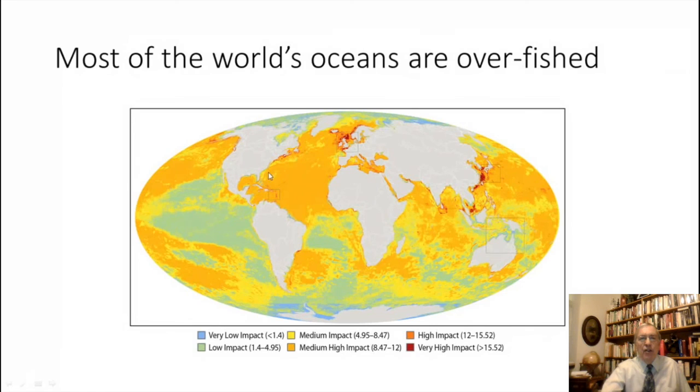The oranges, so all the Atlantic, factory ships go out here where they catch and process the fish on the ships. Much of the Pacific. There are some areas, surprisingly, where there's relatively low impact, where you would not define it as overfishing, but it's not the majority. The majority of the world's oceans are overfished, but there's still a few areas left where it's not overfished.